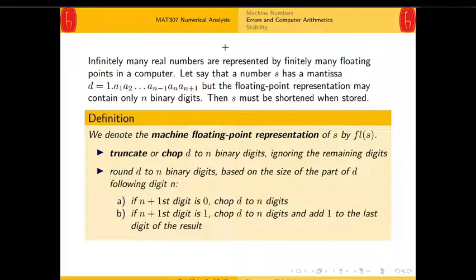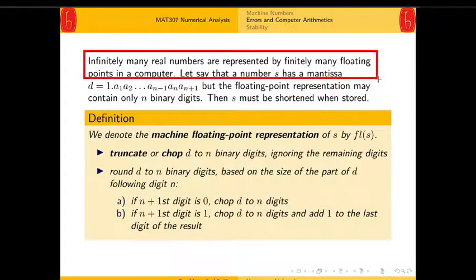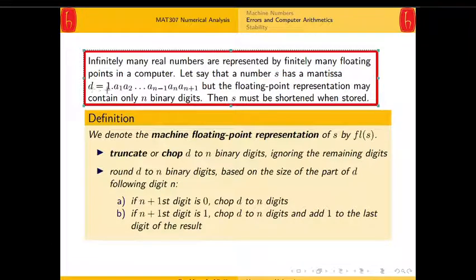Okay, errors and computer arithmetic. Infinitely many real numbers are represented by finitely many floating points in a computer, just like I told you before. So we have infinitely many numbers in reality, but finitely many floating points in a computer. Let's say a number s has a mantissa d equal to 1.a1, a2, up to a_{n-1}, a_n, and a_{n+1}.